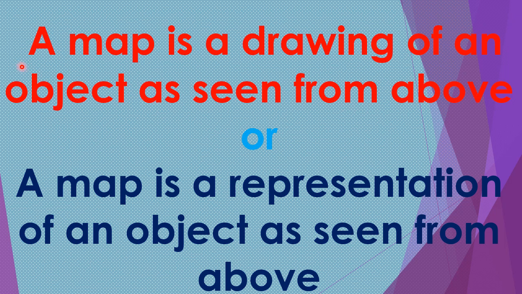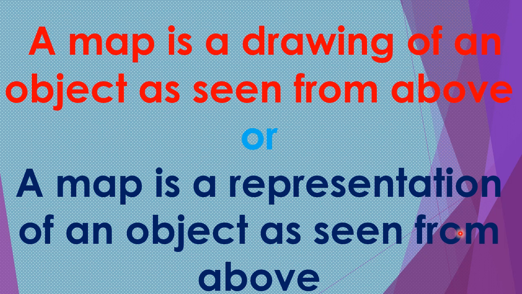A map is a drawing of an object as seen from above. Or you can say that a map is a representation of an object as seen from above.